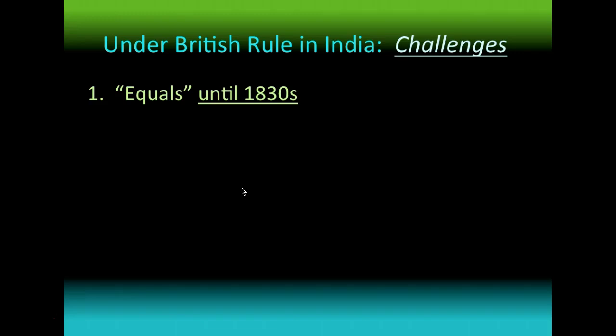Even if they had the same education, even if they were better at their job than the Europeans were, they were still not really treated as equals. But there was this idea that it was possible to become equal, that if they worked hard enough, they could attain that. It was never the case, but there's this idea that it was possible until around the 1830s, and then things start to sour.